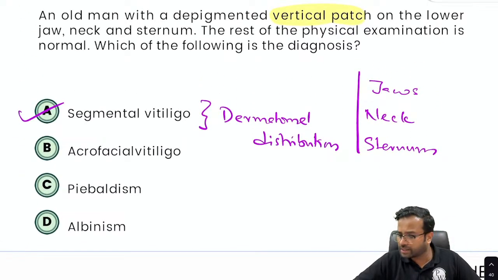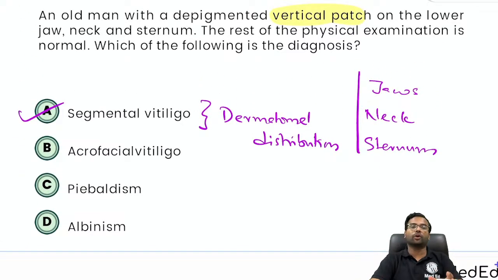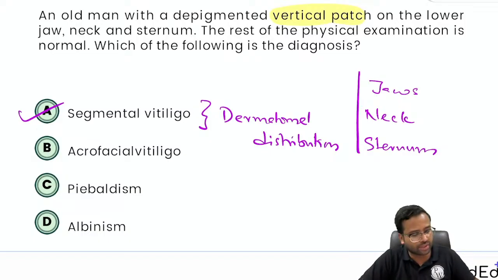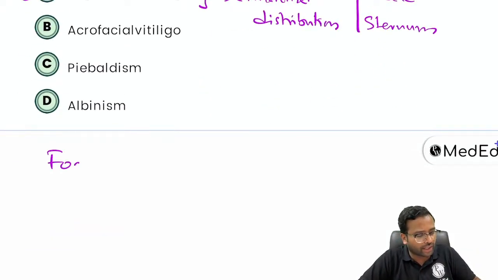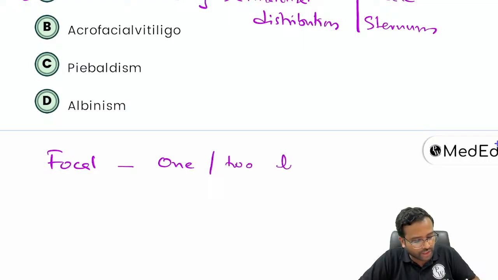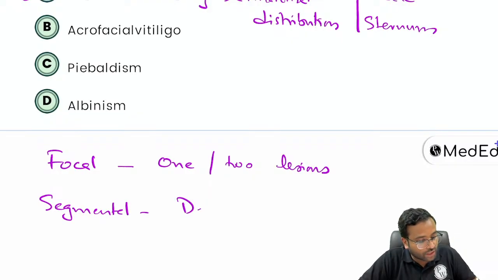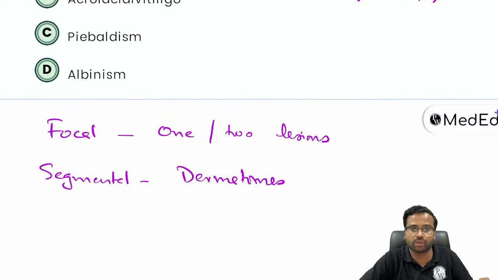Yes, Sindhu, as you asked about different types, vitiligo can be of different types. It can be focal vitiligo, where you find only one or two lesions anywhere in the body. Another type is what we discussed now, segmental, which is over a dermatomal distribution.